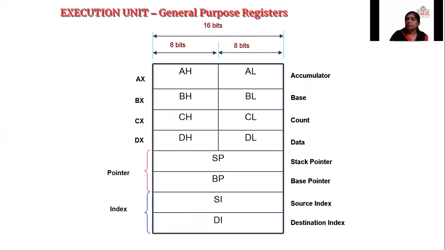AX, BX, CX, and DX are further divided into 2 parts: AH, AL, BH, BL, CH, CL, and DH, DL. H stands for higher byte and L stands for lower byte.